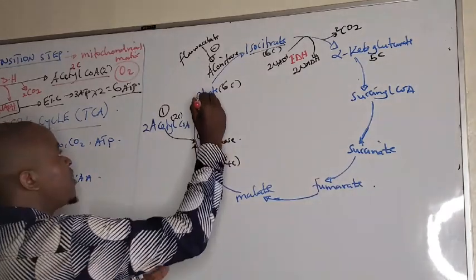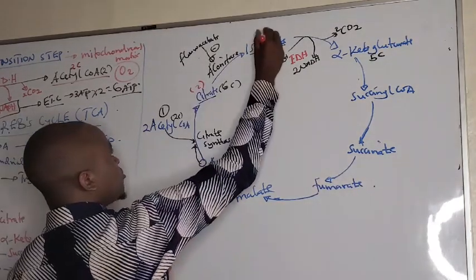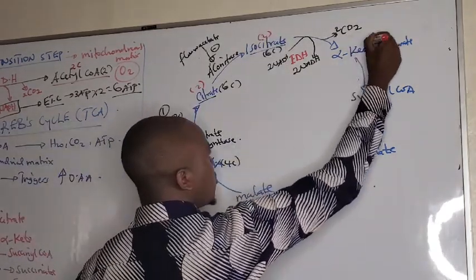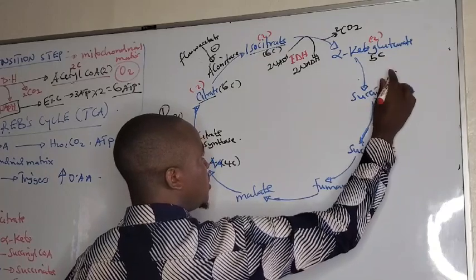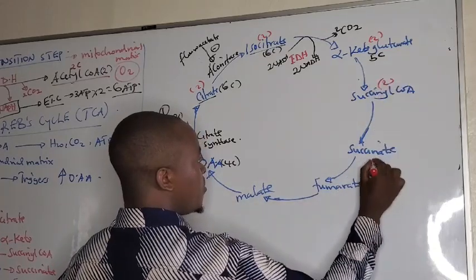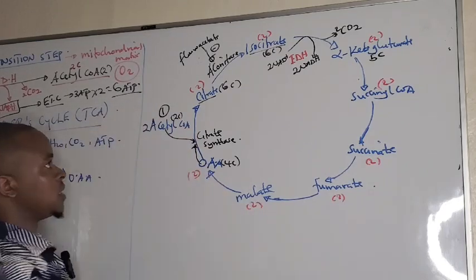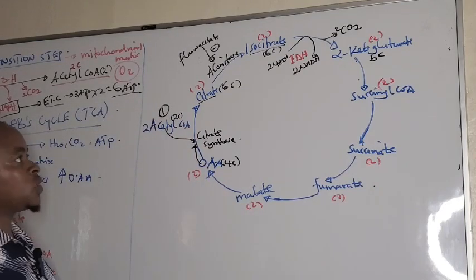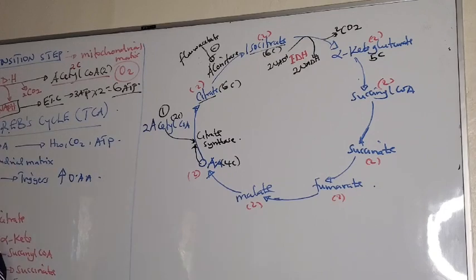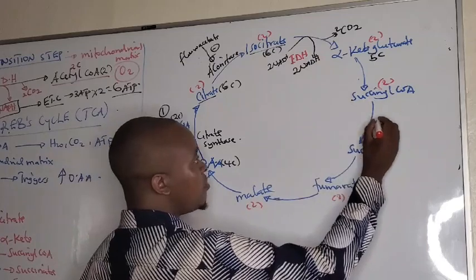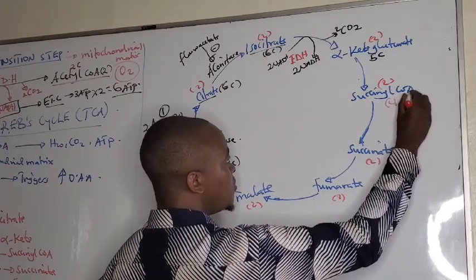Because here every compound there are 2. We have 2 molecules because we use the 2 molecules of acetyl-CoA. Here everything is 2. That's why we multiply by 2. So this one leads to formation of alpha ketoglutarate, and this alpha ketoglutarate undergoes further decarboxylation to form a 4-carbon compound.